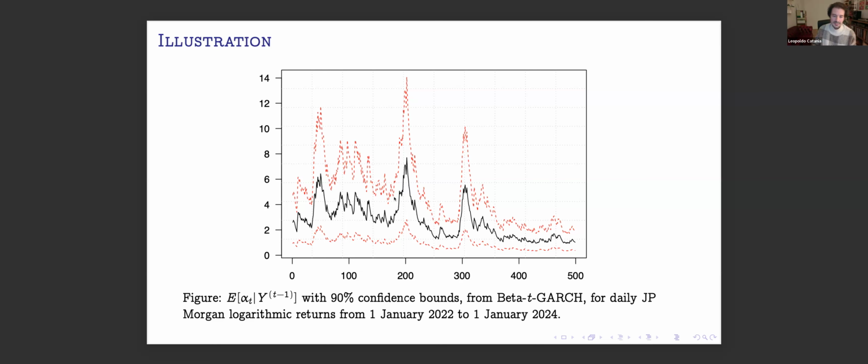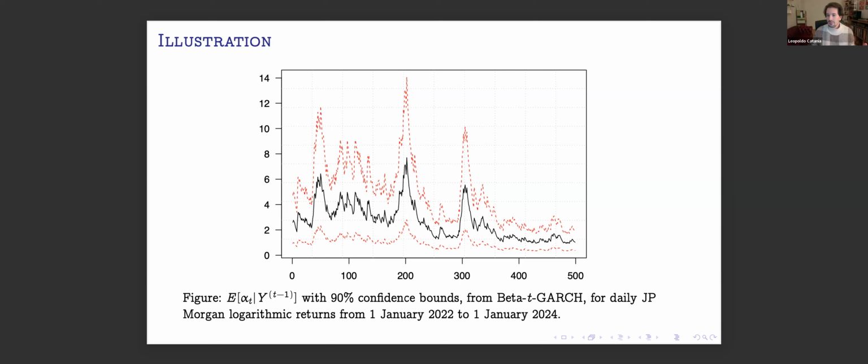Now, if you cast the beta-t-GARCH model in an extended observation-driven representation, then the black line becomes the expected value of the state variable given past y. But since you know the distribution of alpha_t given past y, then you can easily compute quantiles, and so you can easily attach confidence bands to these predictive estimates.